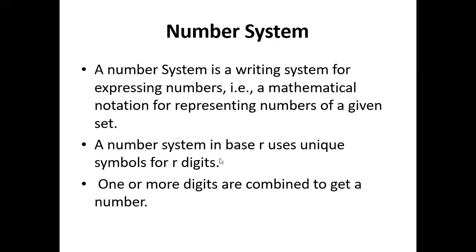Now, every number system will have a base. The base will guide us to say these numbers are represented, for example, in binary form, or they are being expressed in octal, or in decimal. A number system in base R will use unique symbols for R digits.